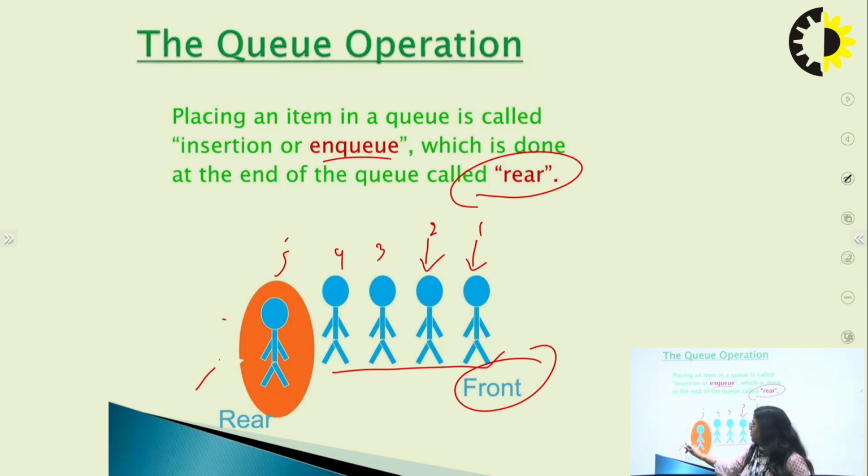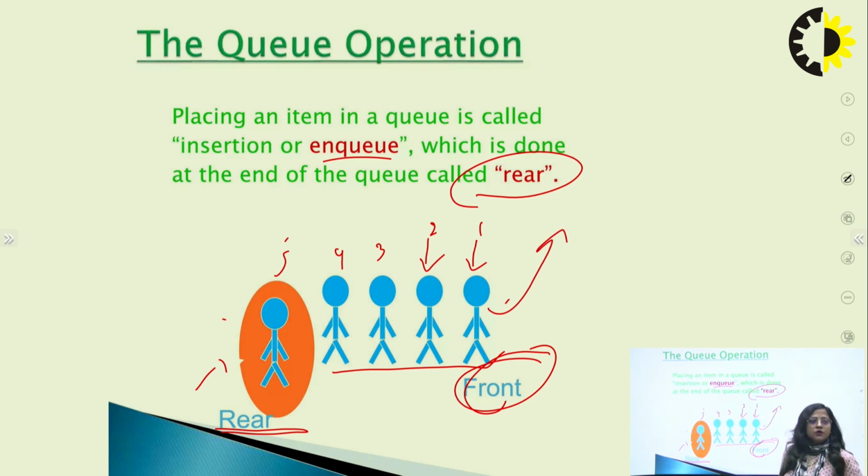Now this new person wants to join this queue, so they are inserted using the rear end. But if this person wants to leave the queue, then use the front end, so this is easily deleted from the given queue.